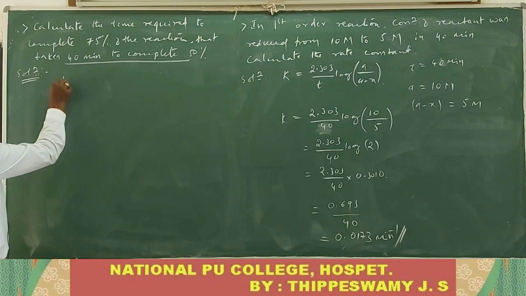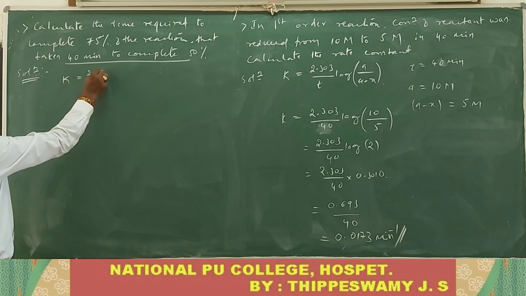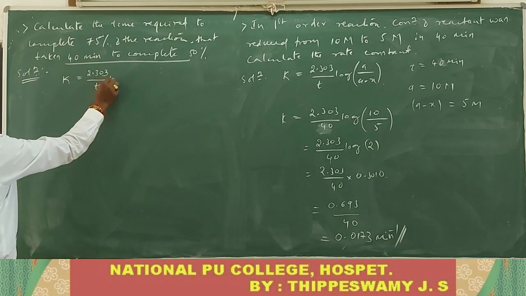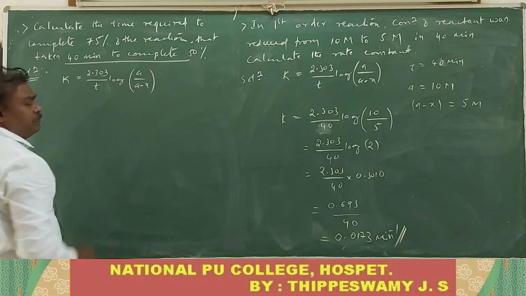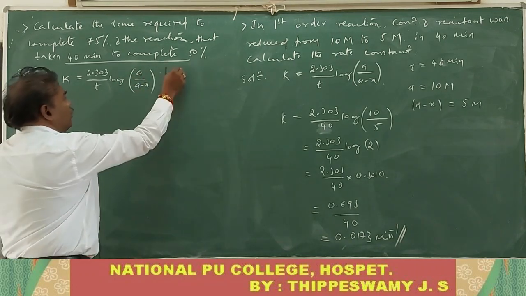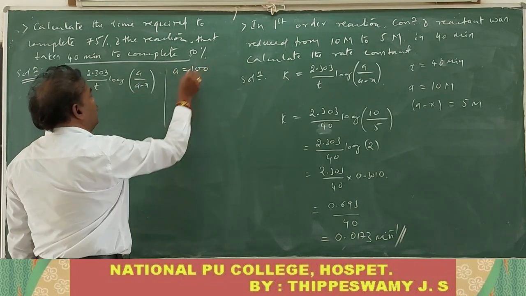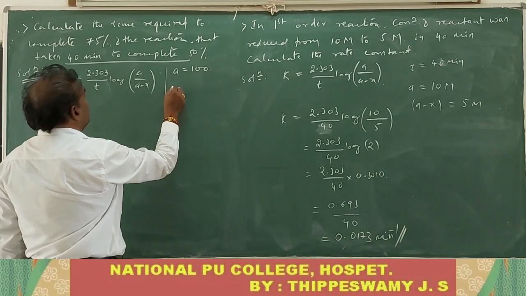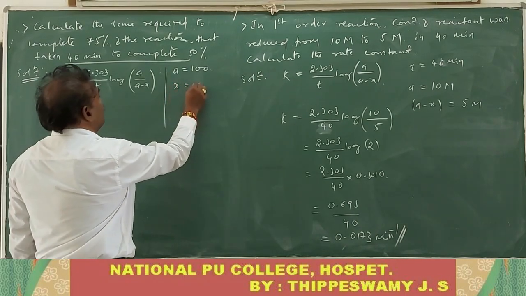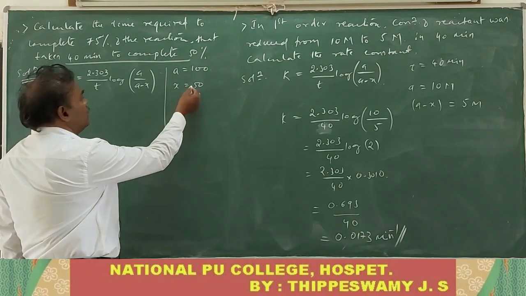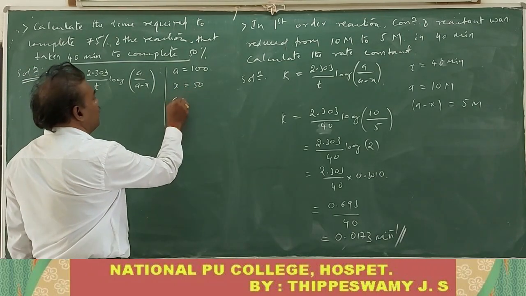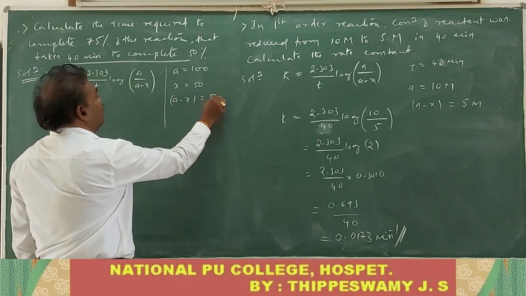According to first order kinetics, K is equal to 2.303 divided by t into log of a divided by a minus x. For this one I take the value of a as 100, and x is equal to 50%. So a minus x is also equal to 50 only.